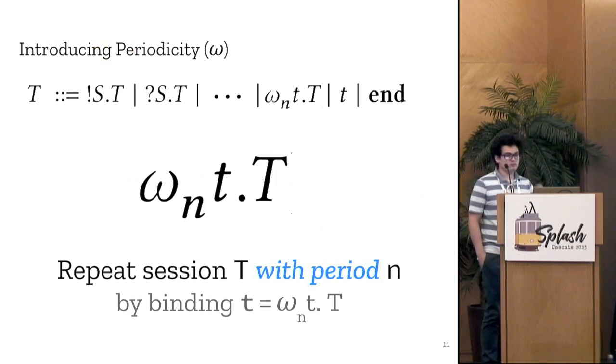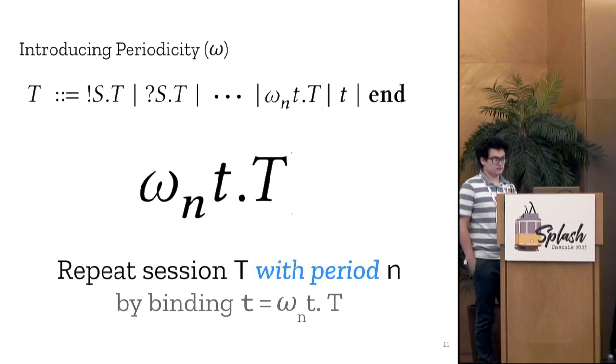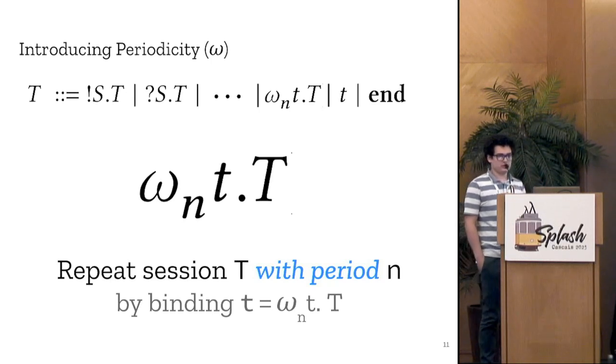And we do this by replacing that fixed point construct with something very similar syntactically that can capture the period information from that construct we had before. So instead of mu, we're writing omega, and that n is the key part there that tells us how often does the session in T get repeated. Fundamentally, this is a binding construct, details in the paper.